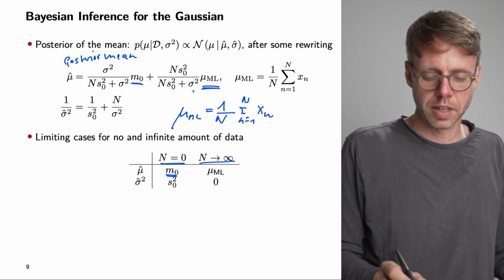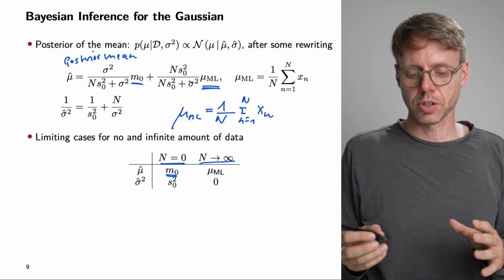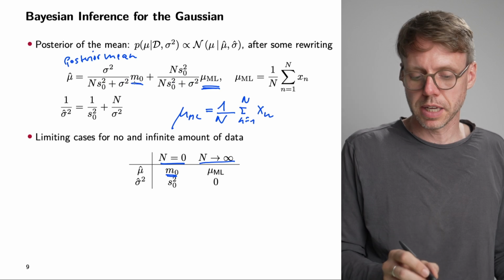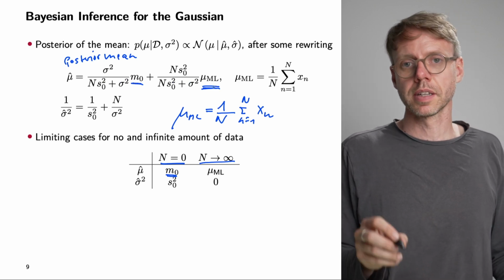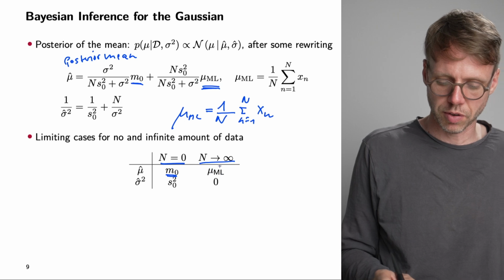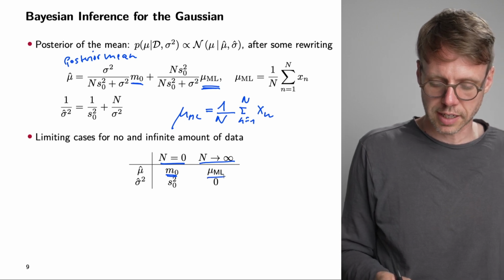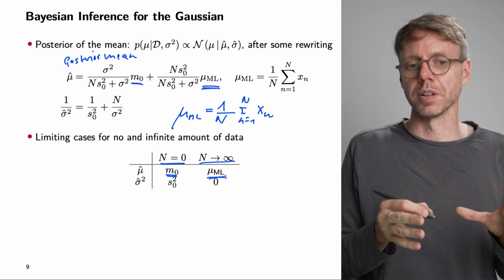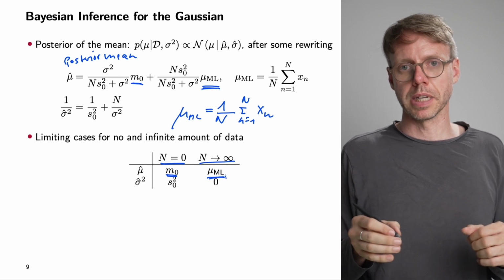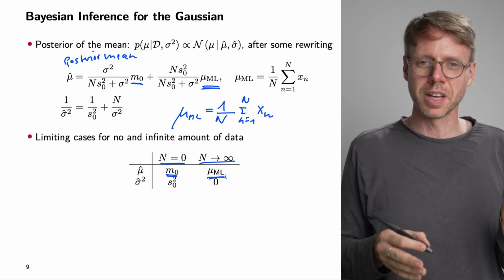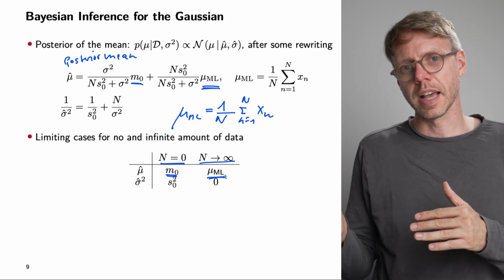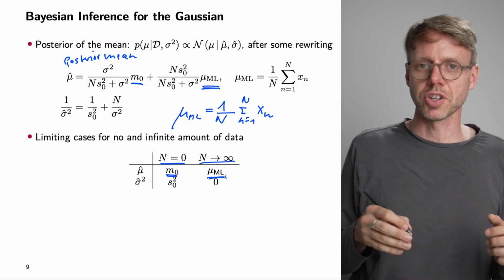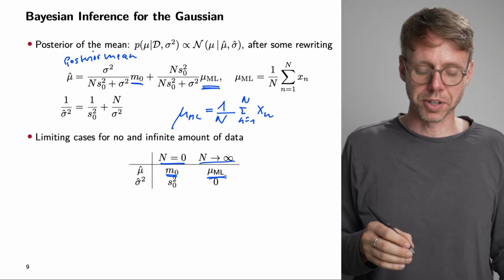And in the second term, the fraction will tend towards 1. So in the first case, we're essentially getting 0 times the prior mean plus 1 times the sample average. So for a large data set, the sample average, which is equal to the maximum likelihood estimate, will be equal to the posterior mean. So the frequentist method would yield the same result as the Bayesian method if the dataset is large enough. That is reassuring.